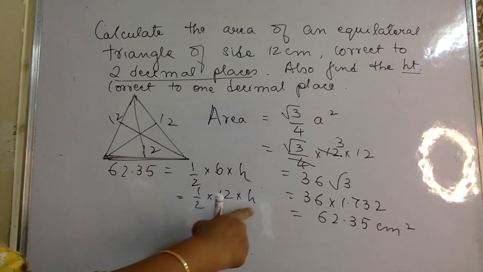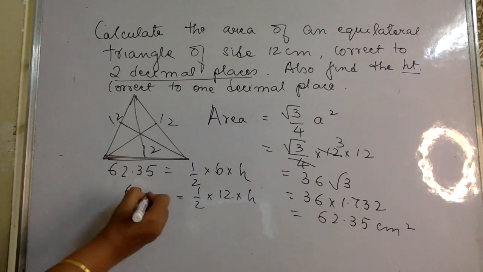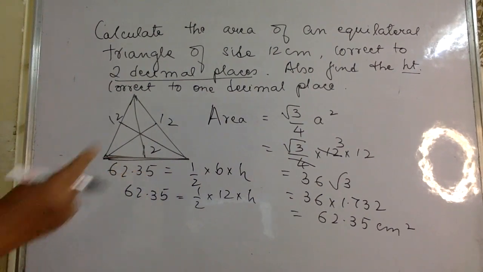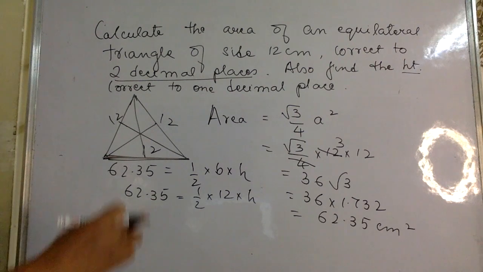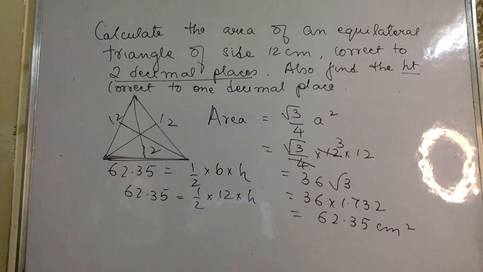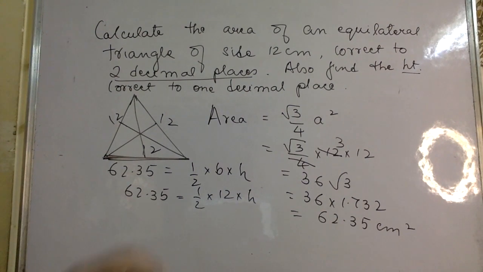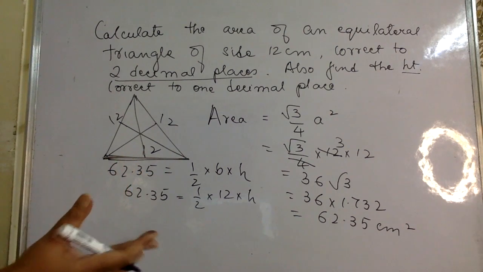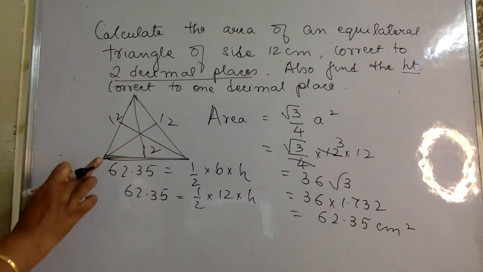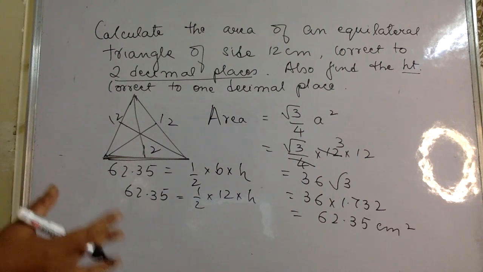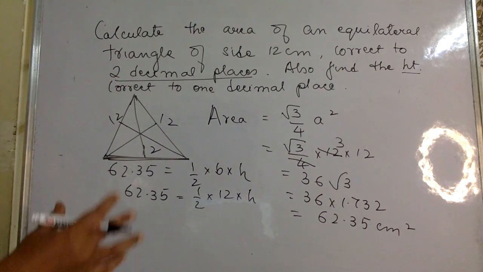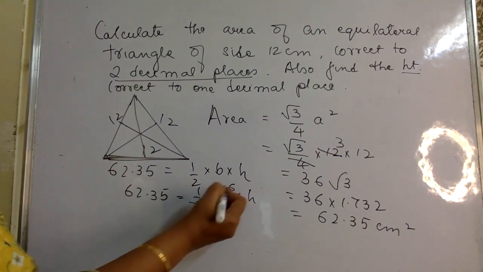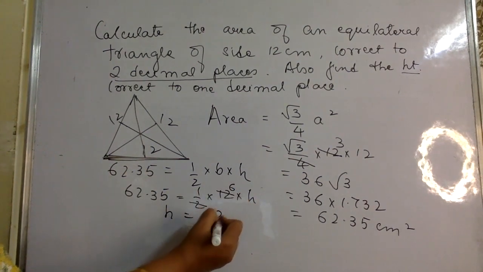Whether you use the formula for an equilateral triangle or half base into h, remember 62.35 is not going to change. That is the area of the triangle and it remains the same. So height is how much?